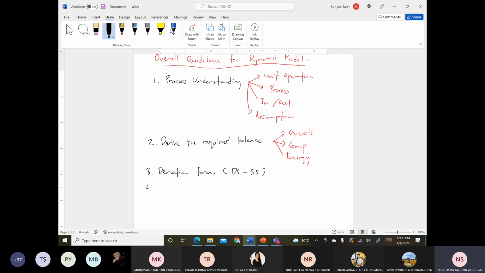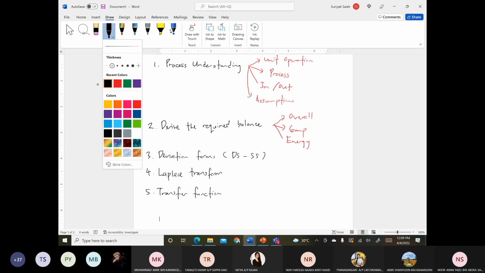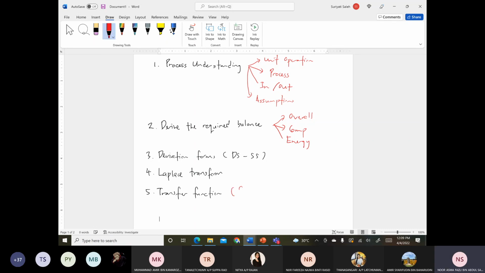And then step 4 goes to the Laplace transform, where you convert the ODE into the Laplace transform, which is based on the S. Once you get the Laplace transform, you will develop what we call the transfer function, where the definition is output over input.